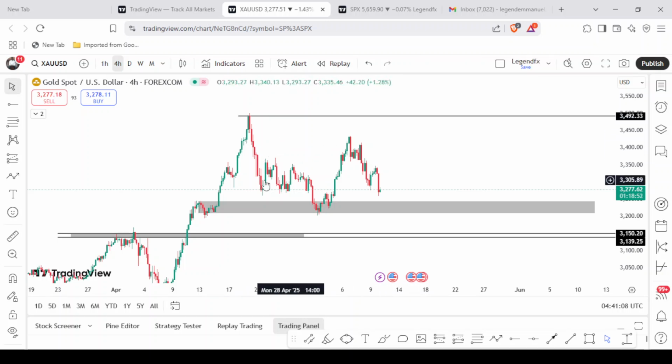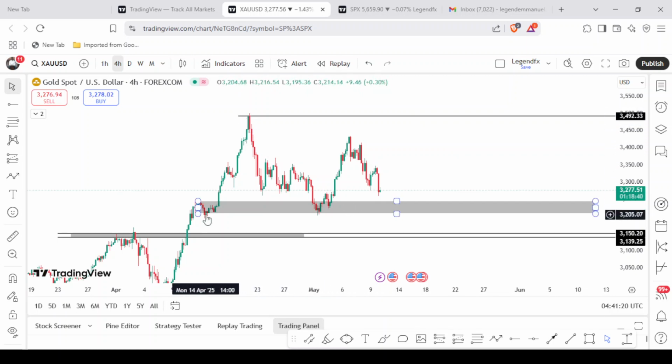But as long as this zone was not able to take off this high, technically this zone still remains the zone that led to the break of the new structure, because the market moved all the way from here, came down, and this was the zone that led to all this particular move to the upside here.